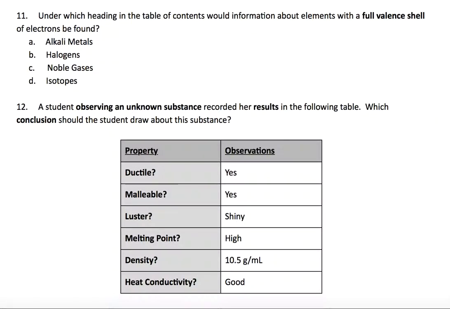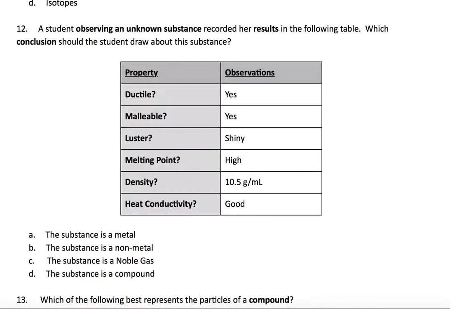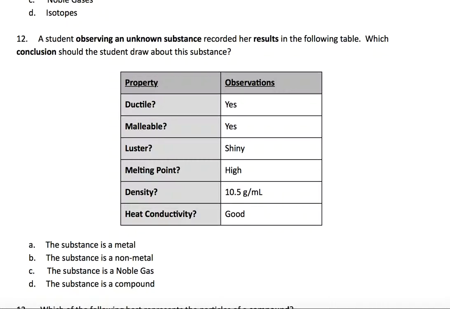Question 11. Under which heading in the table of contents would information about elements with a full valence shell of electrons be found? A, alkali metals. B, halogens. C, noble gases. D, isotopes. Question 12.